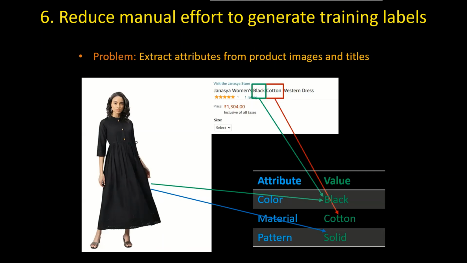We can infer the material from the product title, and we can infer the pattern from the product image. And we use ML models to extract attribute values from product titles and images, and then use these extracted values to backfill missing attribute values in the product catalog.